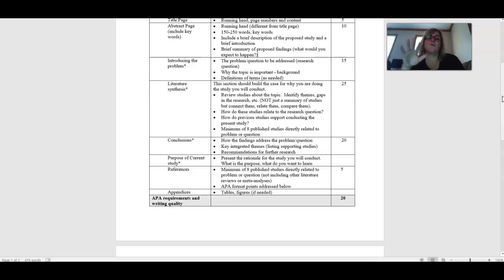Then once you've described the literature synthesis, you're going to conclude with how the findings address your problem or question, highlighting the themes that were relevant to your current study. And then you're going to present a rationale for your study. So this is where you discuss the purpose of the current study is to do X, Y, and Z, and here's what we think is going to happen.